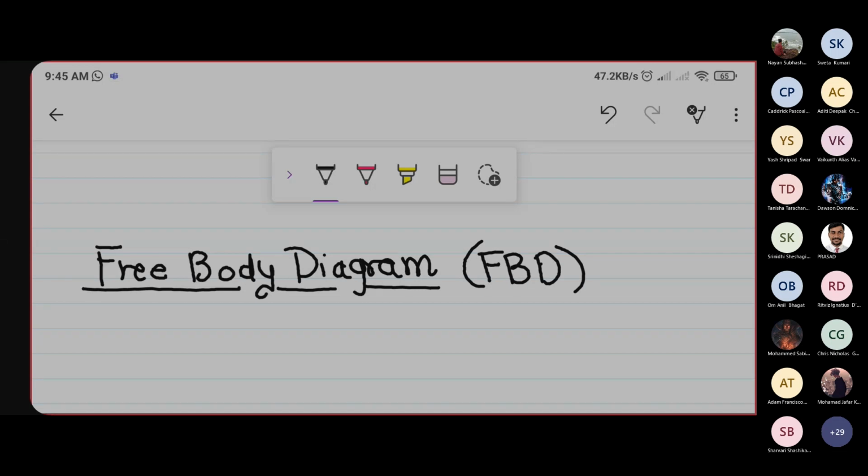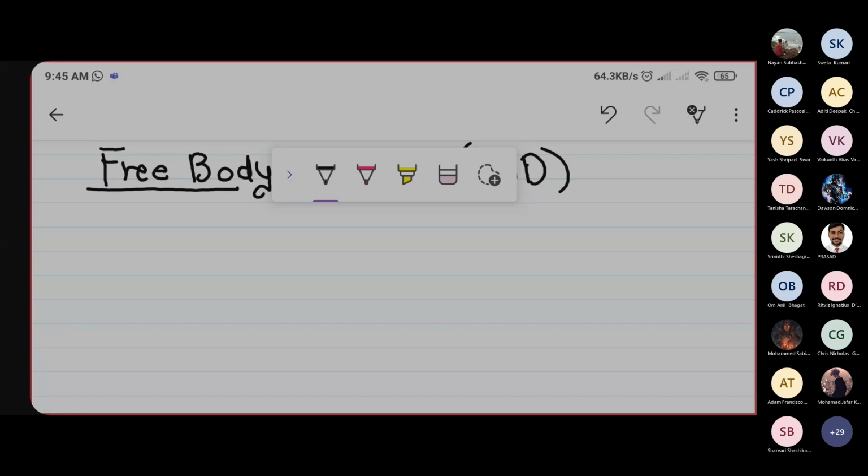What we are going to study is the free body diagram or FBD. What is this FBD? Let's consider a block which is resting on a table.